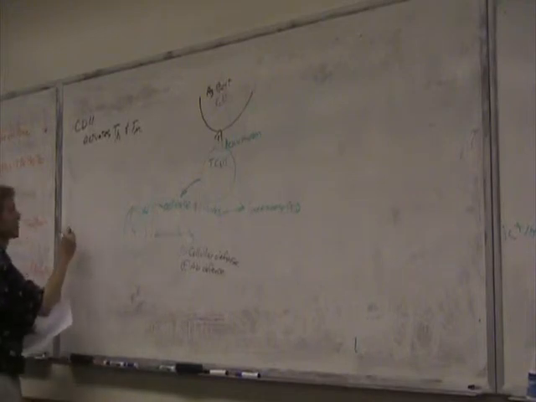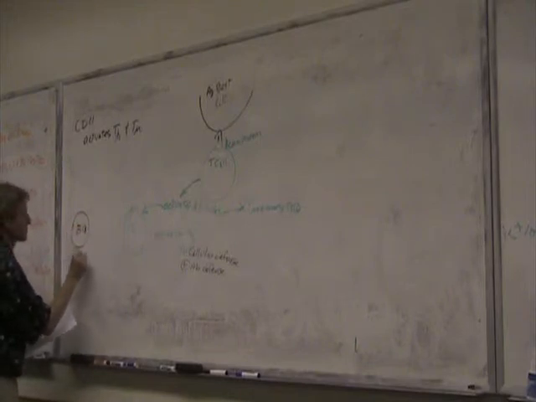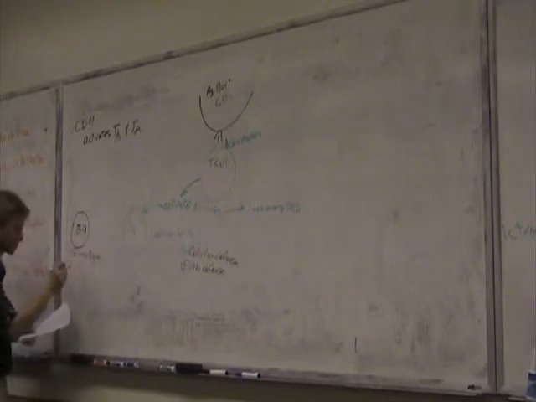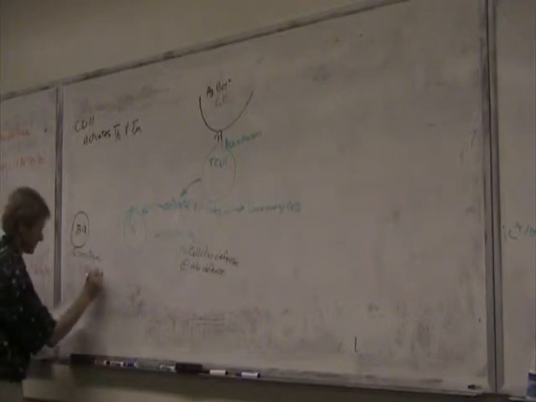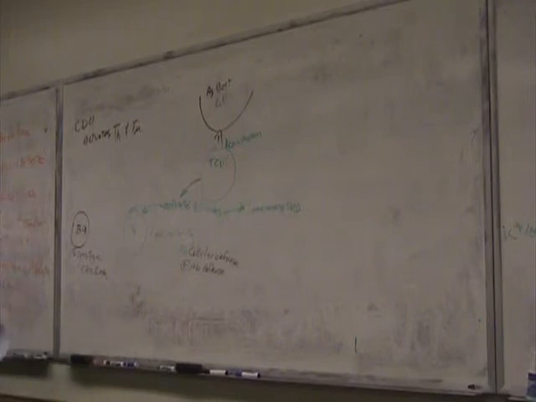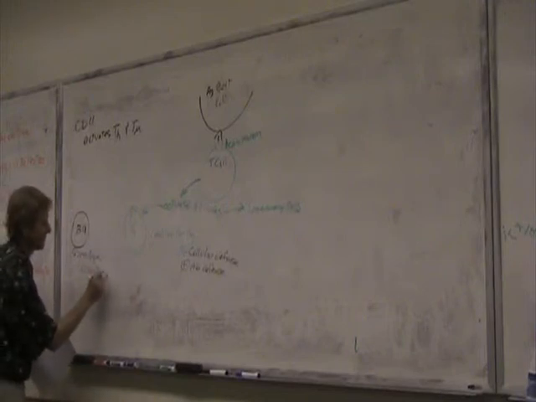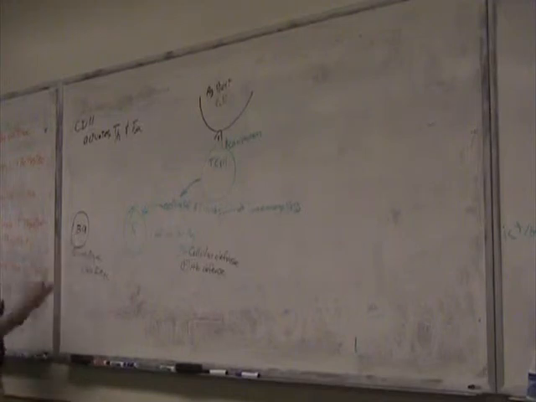A B cell is lurking out here. And when it's sensitized, it displays class 2 MHC. What cell? B cell.